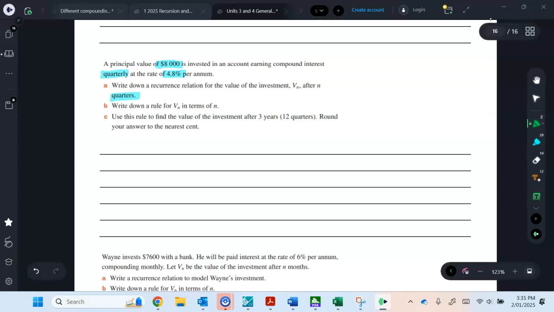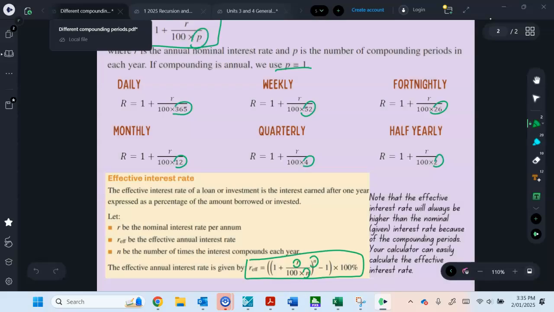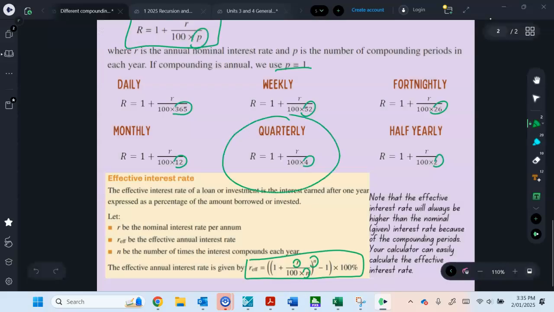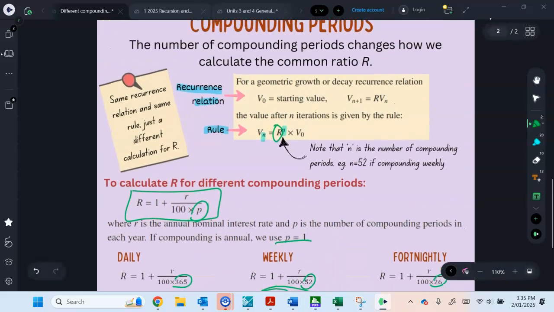If you're unsure, you go to your notes. Here is quarterly, guys. There's our R value, 1 plus little r, which is your interest rate, over 100 times 4. And your recurrence relation is the same as before. V0 equals your starting value, Vn plus 1 equals your common ratio times Vn.